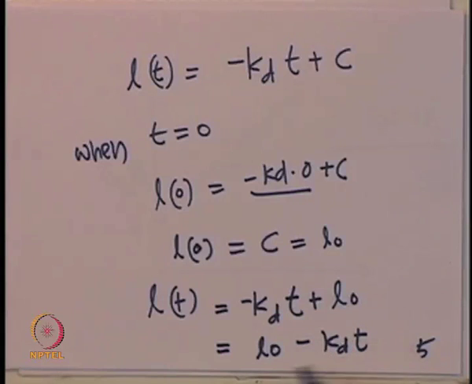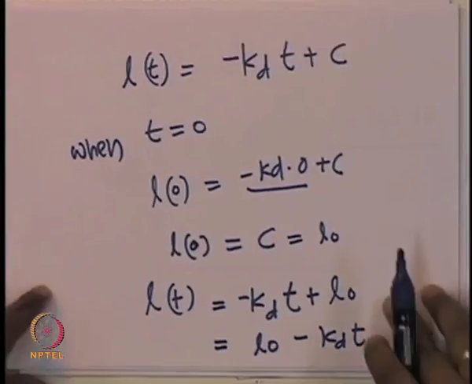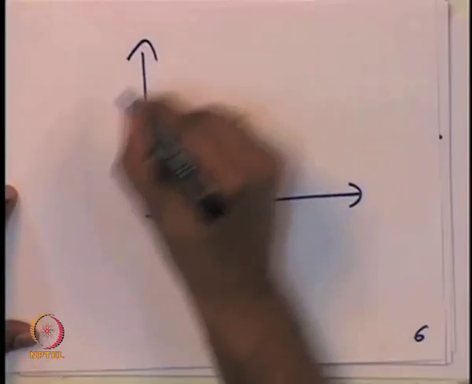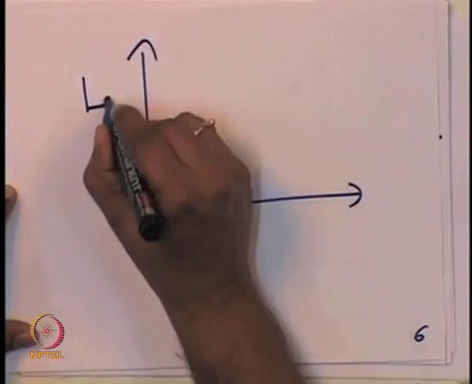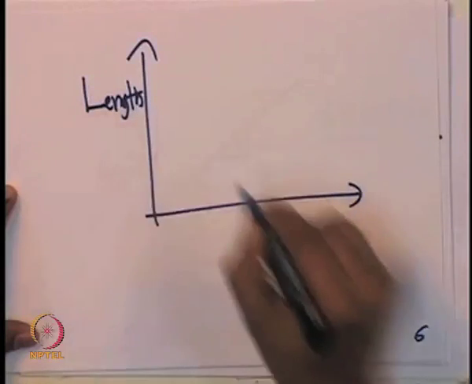This is again a straight line with a negative slope, like y is equal to c minus mx. So, m has a minus sign here, and this will look like a decreasing function. Let us see what we get when we plot it. Have a look here. We can plot length versus time again, the length of the polymer versus time.